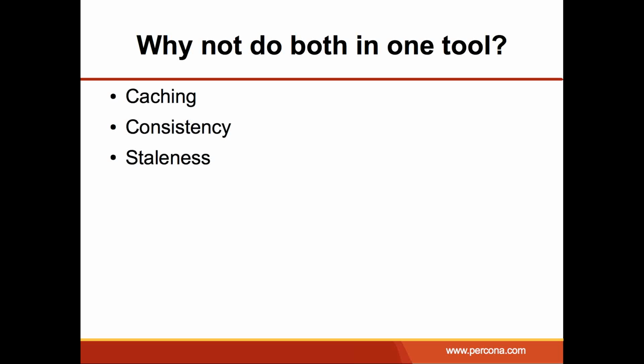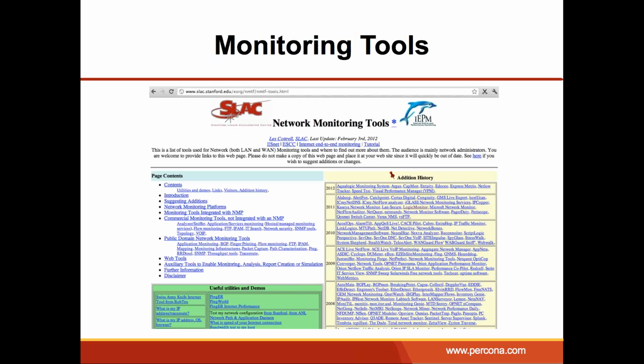There are a lot of monitoring tools, and I'm showing this screenshot. This is a website at Stanford that tries to keep tabs on which monitoring tools are available, and you can see on the right-hand side, if the font is not too small, the right-hand column is the edition history, which shows the new tools that were introduced every year.